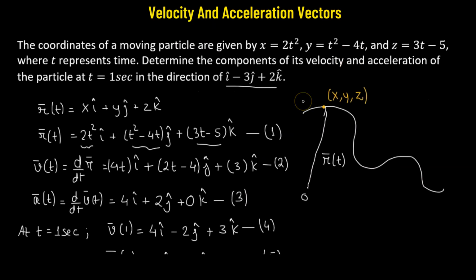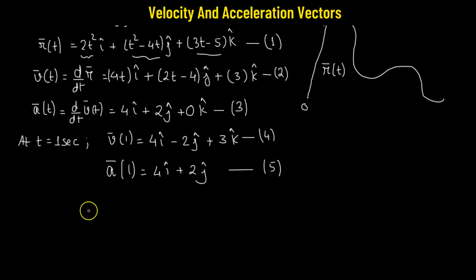Now we're coming to the second part of the question, which is finding the velocity and acceleration components in the direction of the vector i cap minus 3j cap plus 2k cap. So let's consider a vector b, which is given by i cap minus 3j cap plus 2k cap. We want the components of the velocity as well as the acceleration along the direction of vector b. To find the direction of vector b, all we have to do is determine its unit vector b cap.